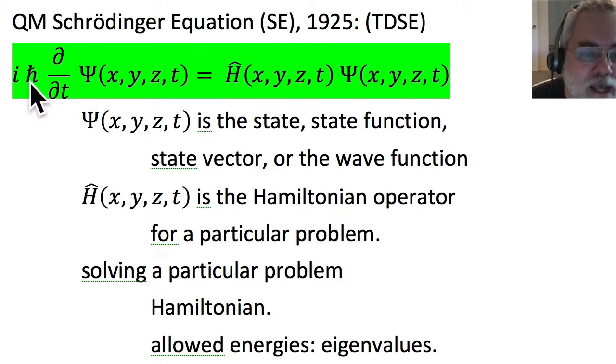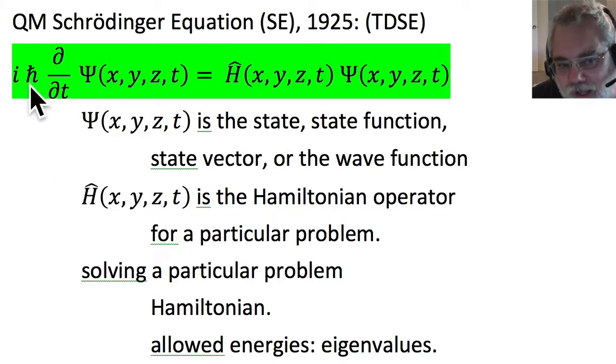It is this h bar. It's not enough that it's some constant with the units of energy times time. It has to be h bar. H bar is the only glue between oscillations of electron states and the frequency of a photon to match that energy.